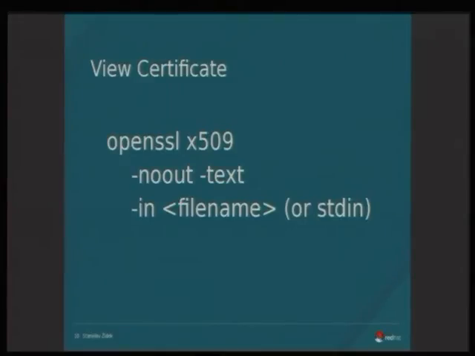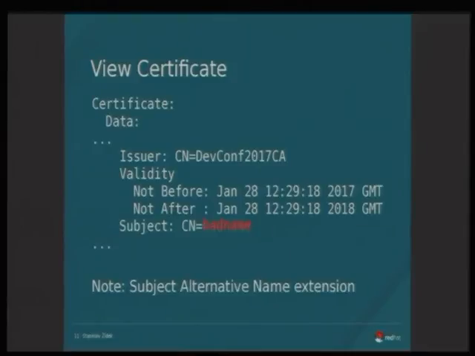We are not interested in the blob, that's the noout option, and we specify the file where we saved this certificate. And when we print it, we actually get what we expected. There are the attributes that should be in the certificate, and the one that's interesting is, as I said, the subject, and there is a name that we are not expecting because we are connecting to some different server.